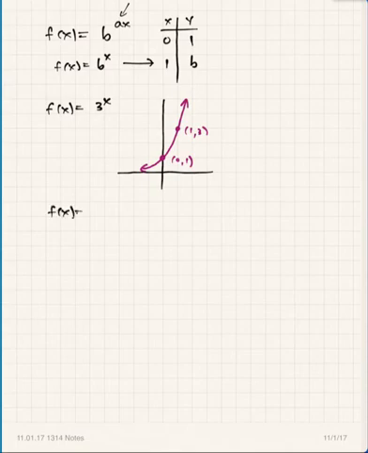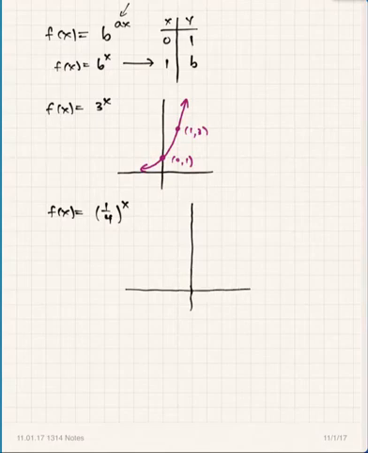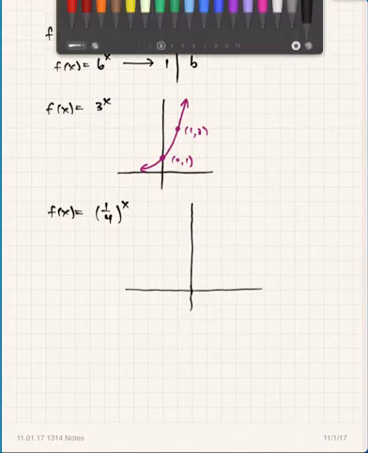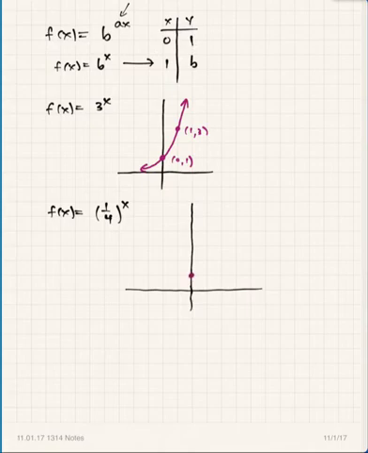F of x equals 1/4 to the x. Now this one requires a little bit more looking at here. Now, it doesn't do anything different, basically, from what we just did. So it does go through 0, 1, right? If you put 0 in there for x, you certainly get 1 for y. But notice when x is 1, you get 1/4.